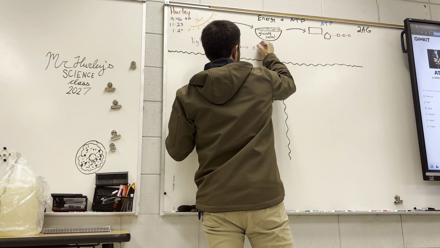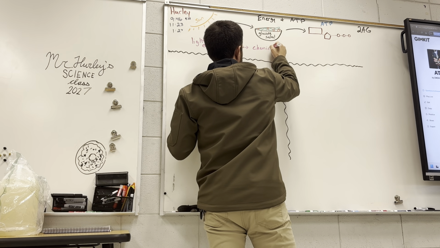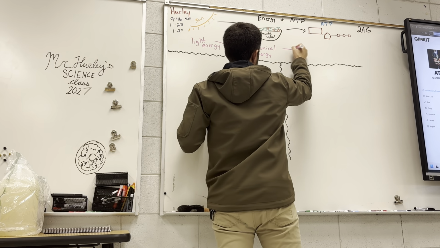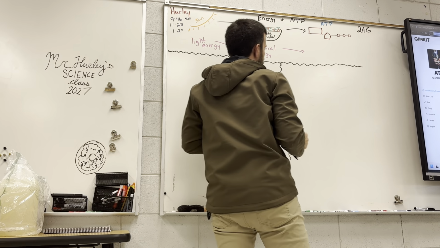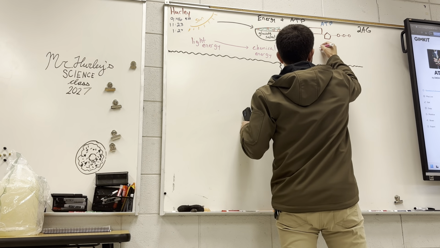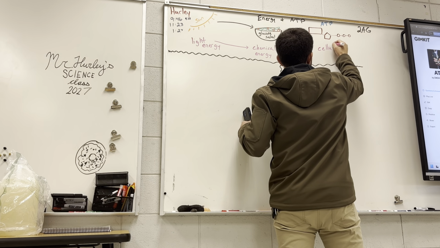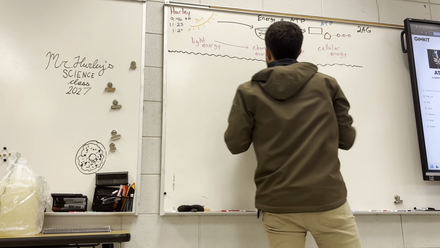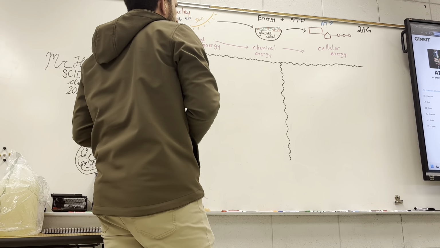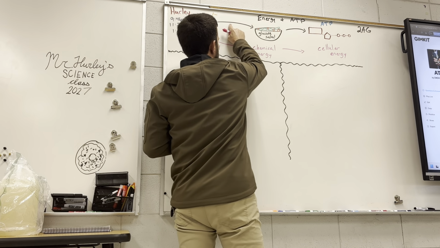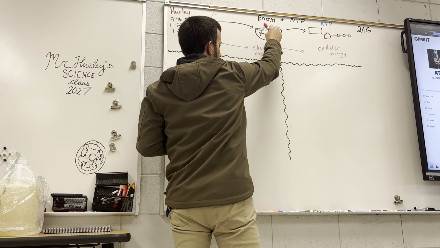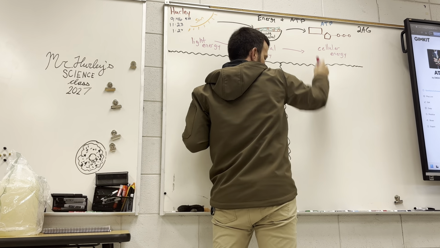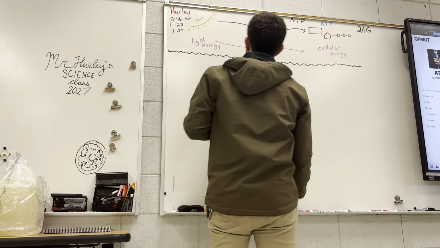This is a type of chemical energy, which turns into a type of cellular energy. So we've got light energy coming from the sun that gets put into the plant. We'll talk about what that process is here in a sec. That's chemical energy, and that chemical energy is turned into cellular energy.